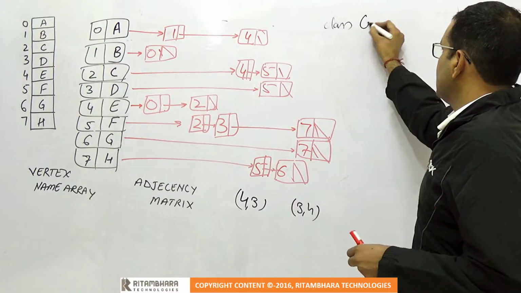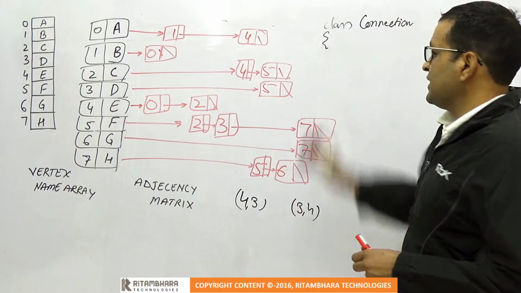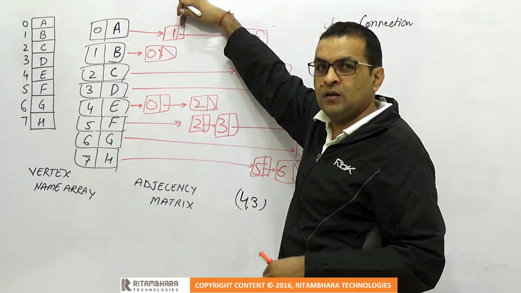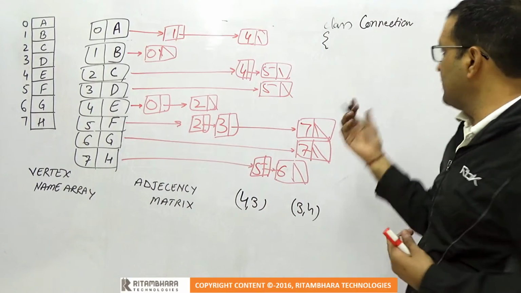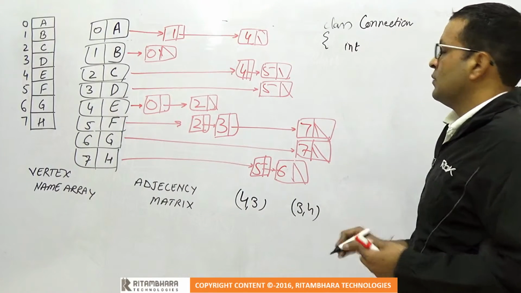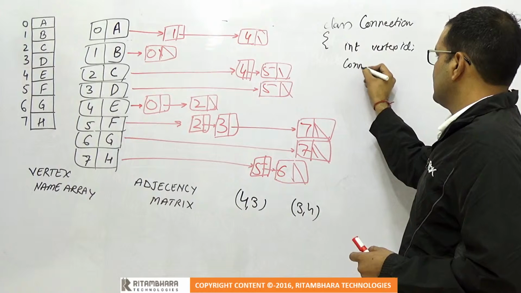So class connection. The connection class has one integer, which is a vertex ID, and a pointer to the next node, which is of the same type: next is a connection pointer.